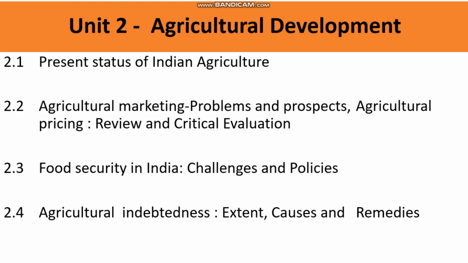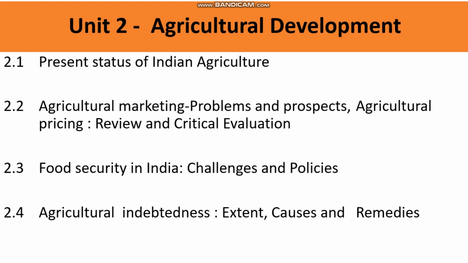So in this particular unit, at the 2.1 first content, we will study the present status of Indian agriculture. Present status of Indian agriculture means how much of the labor force is engaged in the agricultural sector for their livelihood. What amount of laborers will get employment out of the agricultural sector?